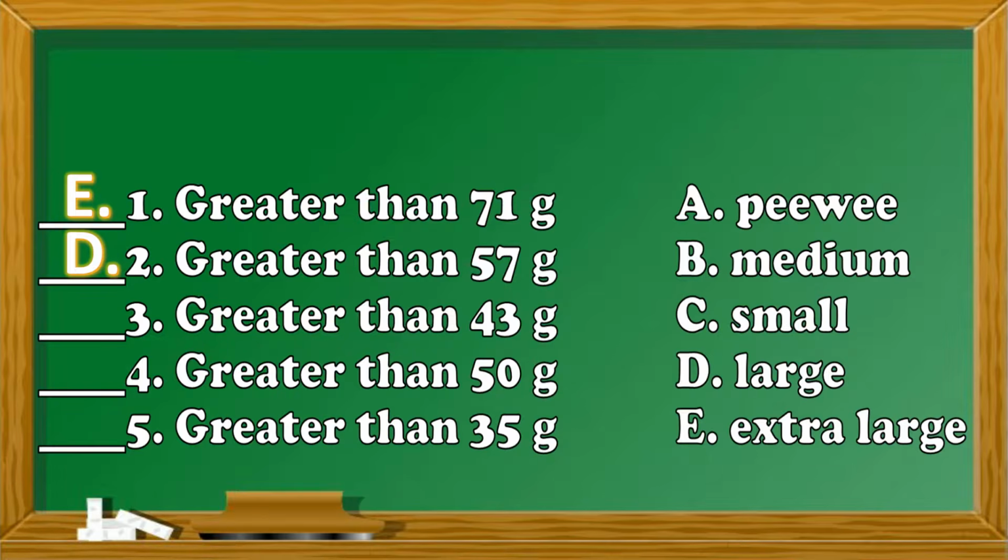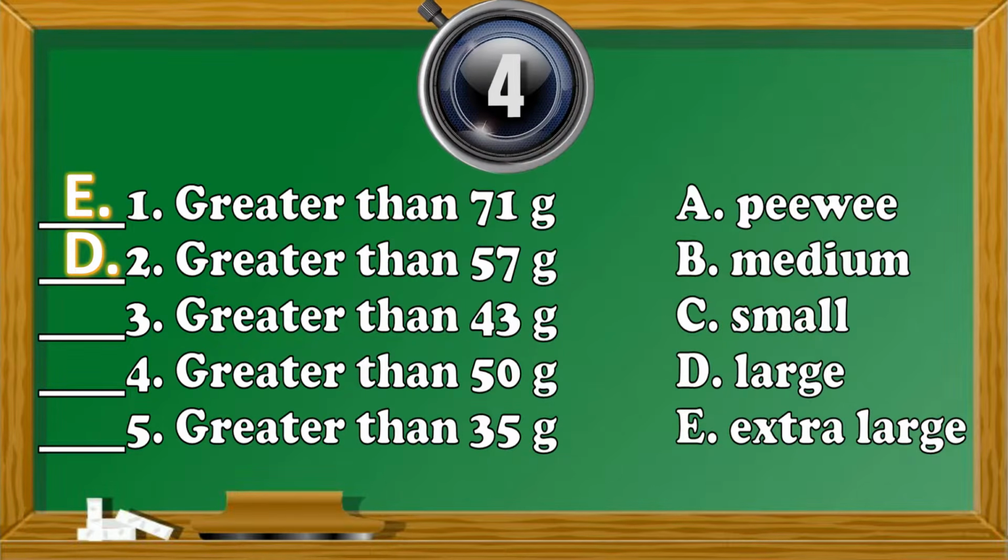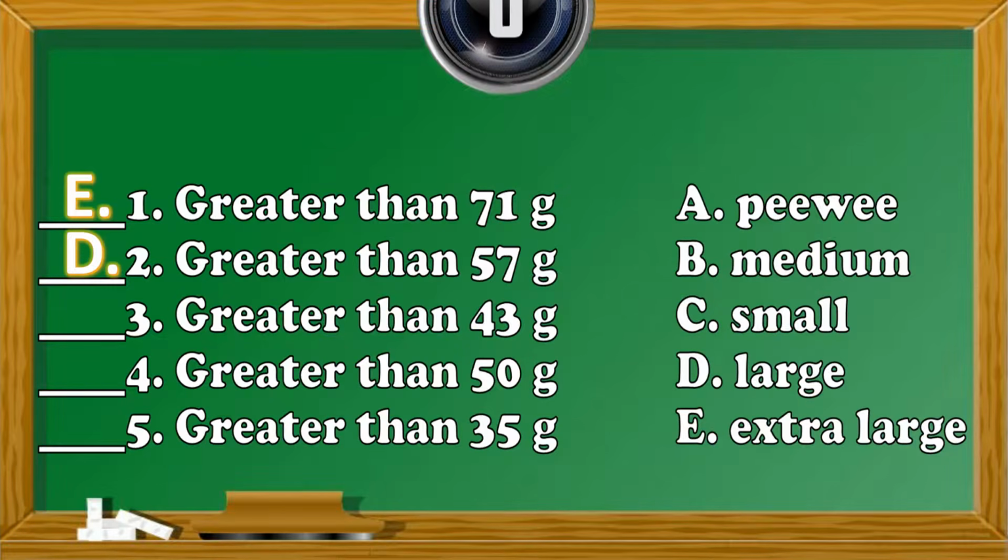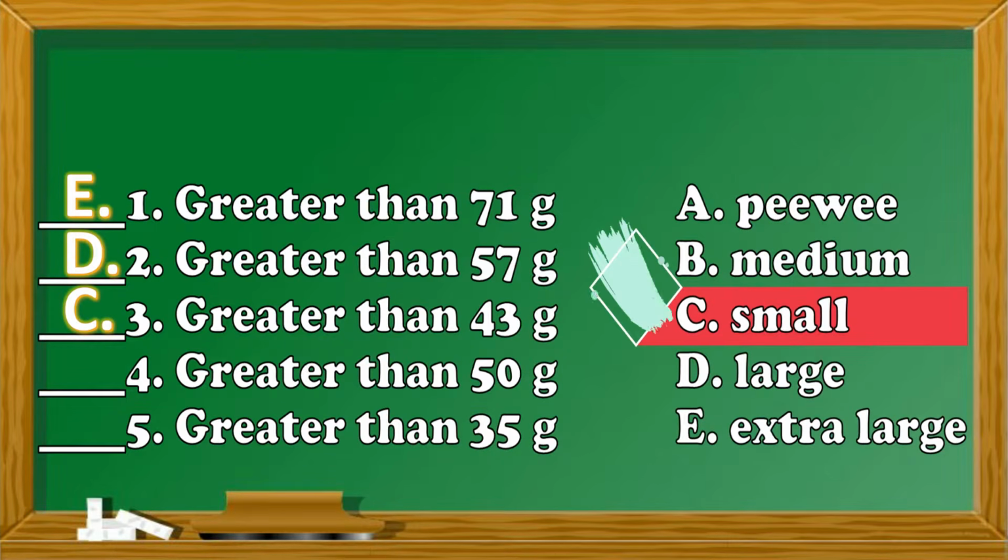What size of an egg is greater than 43 grams? The answer is letter C, small. How about if the egg is greater than 50 grams?